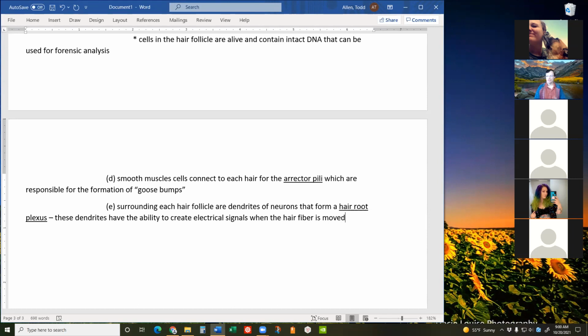So these dendrites create electrical signals when the hair fiber is moved.